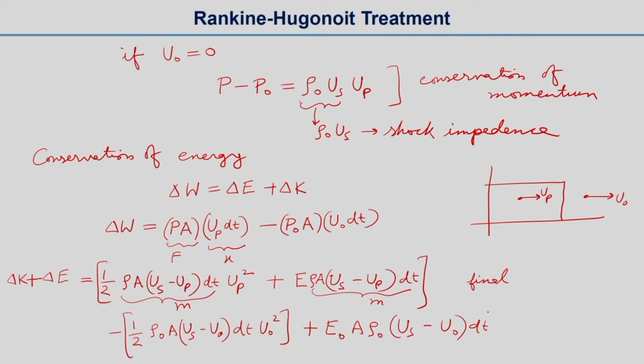So this is the initial, that means before the shock front travels into the material. And then when the shock front travels and enters that area, that is the final one.